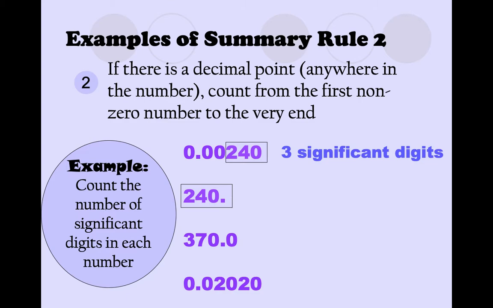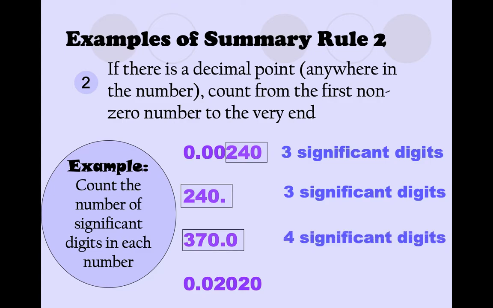Here, for the second one, because there's a decimal point, it doesn't matter where the decimal point lies. You start at the 2, and you count to the very end, which is how I get 3. For my next example, start at the 3, count to the end, I get 4. And for the last one, I start at the 2 and get to the end, and I get 4.